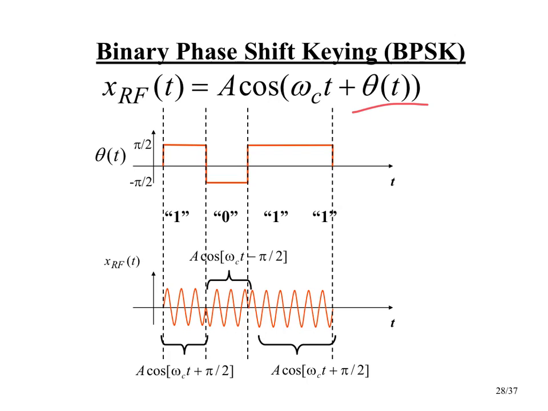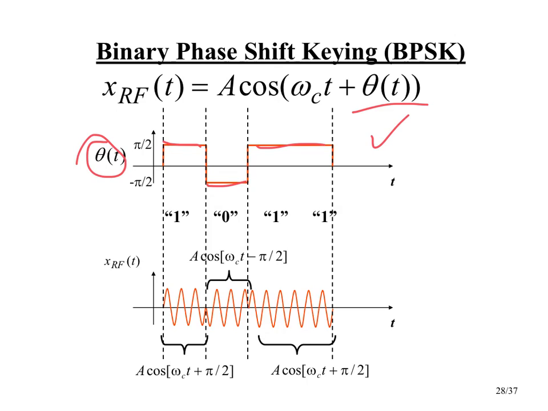So this theta of t looks like this, and at least in an ideal setting, it just flips between two values. That's it. And if we wanted to send the sequence 1, 0, 1, 1, we could send it like this.